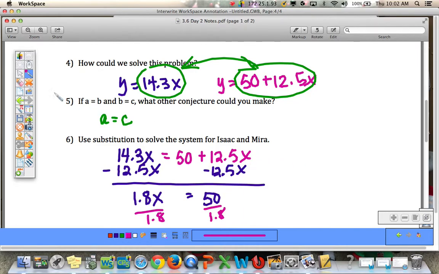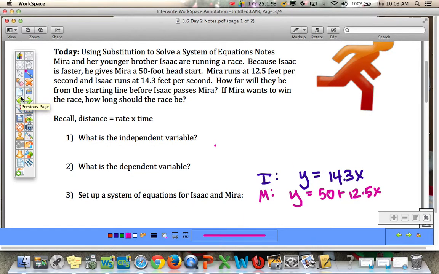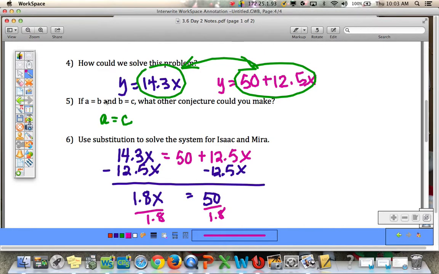Let's see if I wrote these equations right. Okay, 50 divided by 1.8 is 27.7 repeating, so that's how long the race would have to be. So that's x, and remember x, the independent variable, is time.